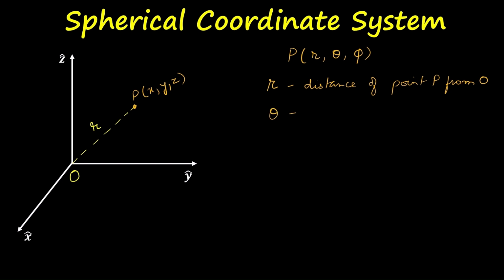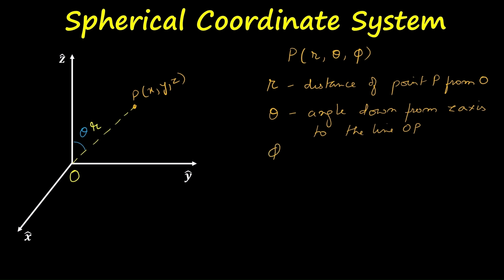Now, from the z-axis, if I measure the angle to OP, that is this angle, this is theta. So here we can write down theta is the angle down from the z-axis to the line OP.